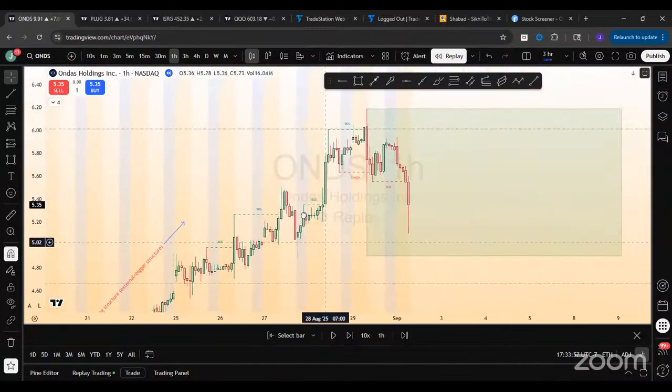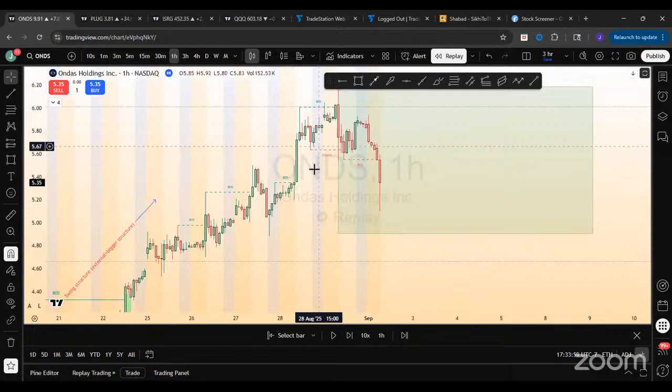Locally, the smaller structure gave me a bearish CHoCH. CHoCH is change of character. What does that mean? It's warning me that locally, not externally, within the structure, the trend is shifting.